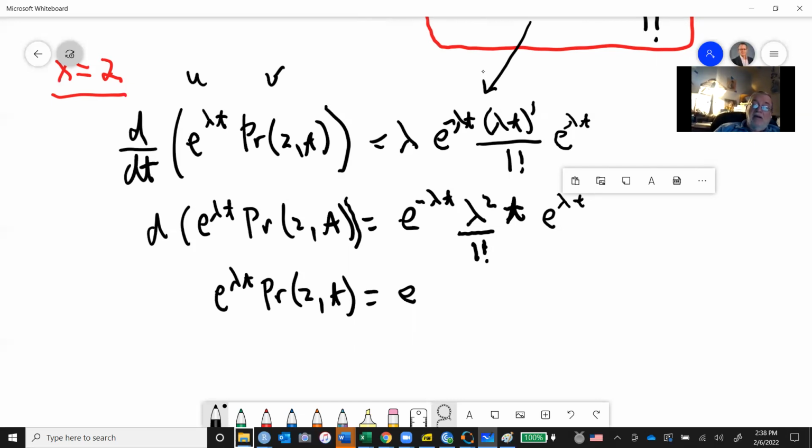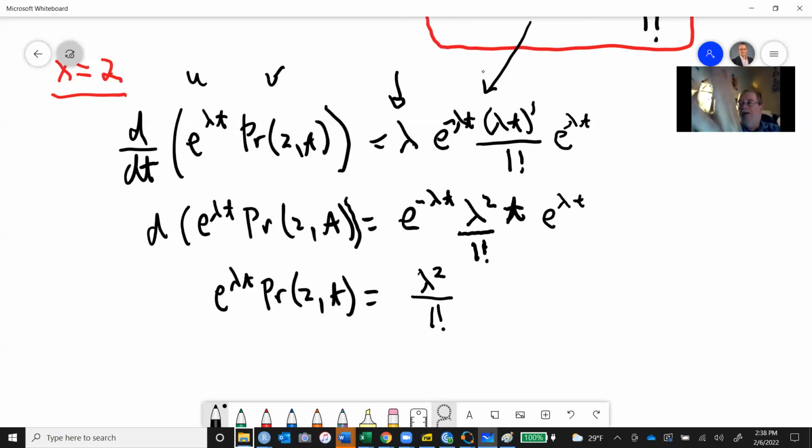So let me get rid of this. There we go. Magic of all of this. I am left just with lambda squared. Now, why is it lambda squared? Because this lambda gets involved. That's the probability of something happening, because that's the probability on the right-hand side.